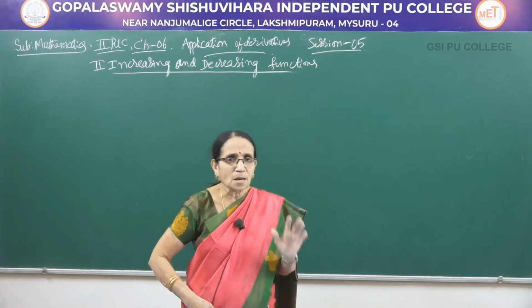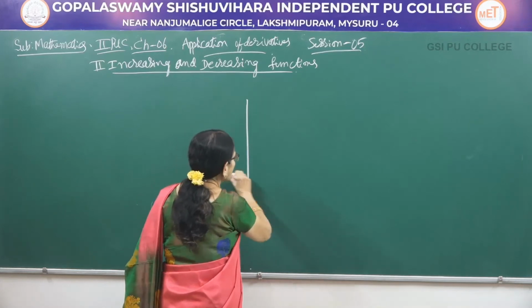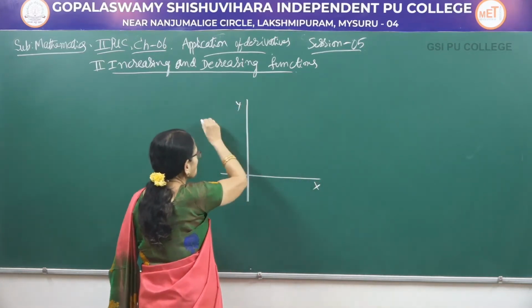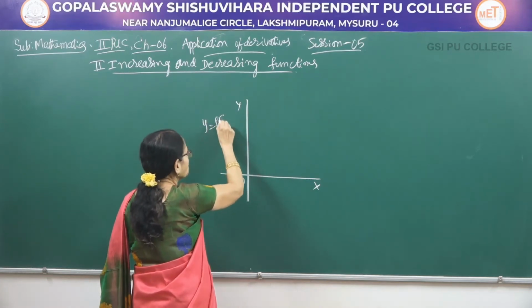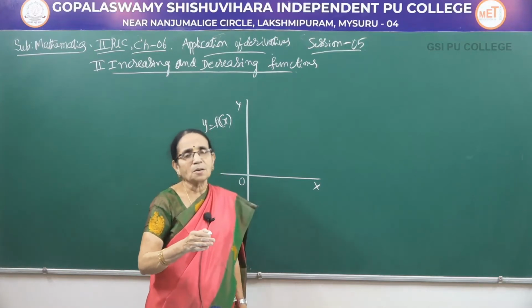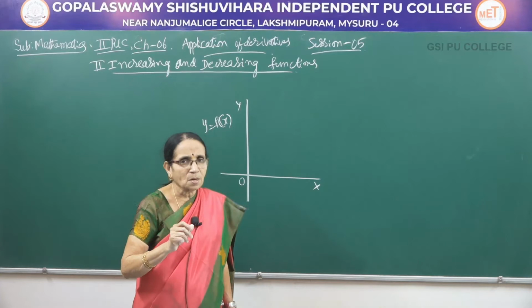Generally, let us consider some curve, say y equal to fx. You know that here x is called the independent variable and y is called the dependent variable.